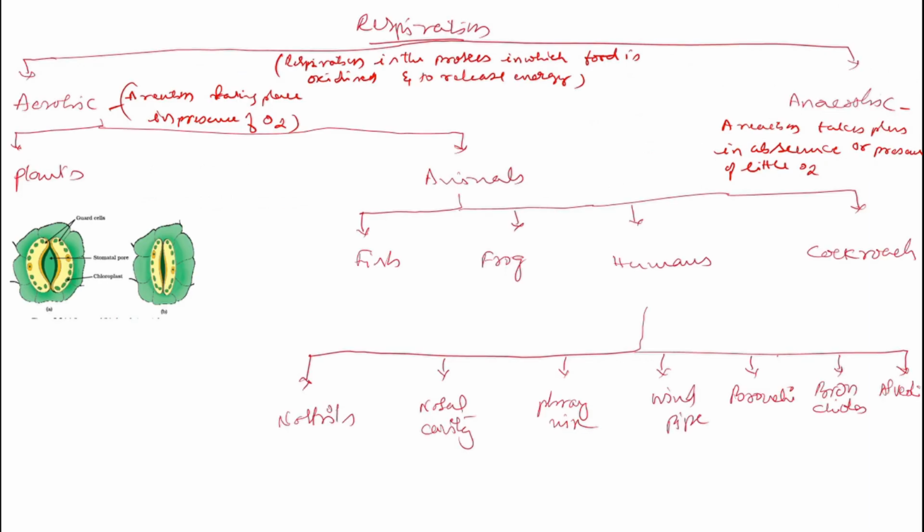So now, how respiration takes place in plants, that we will see, because just you see this is closed stomata, this is open stomata, where these gases are exchanging.